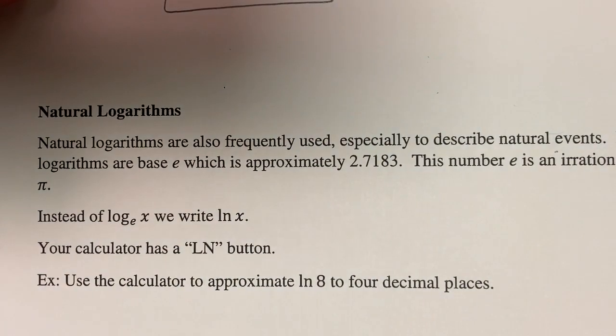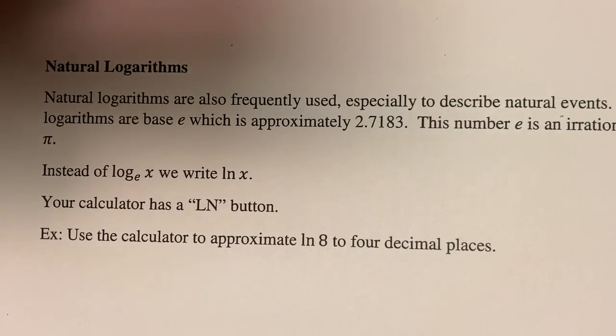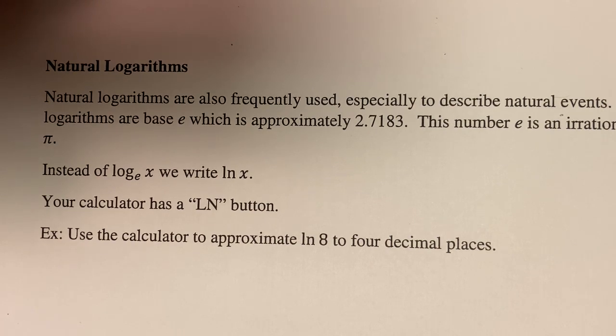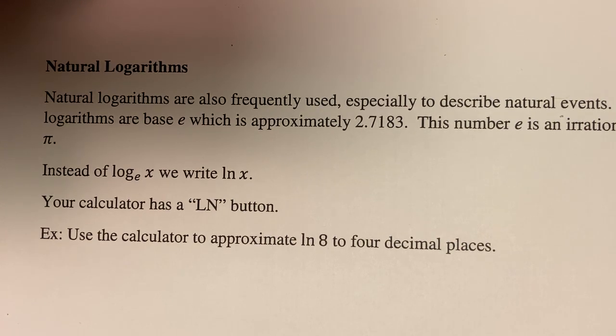Well, what in the world is base e? E is a number like pi, okay? Pi is probably the most famous irrational number. Irrational, of course, means that it keeps going on and on forever with no repeating pattern.